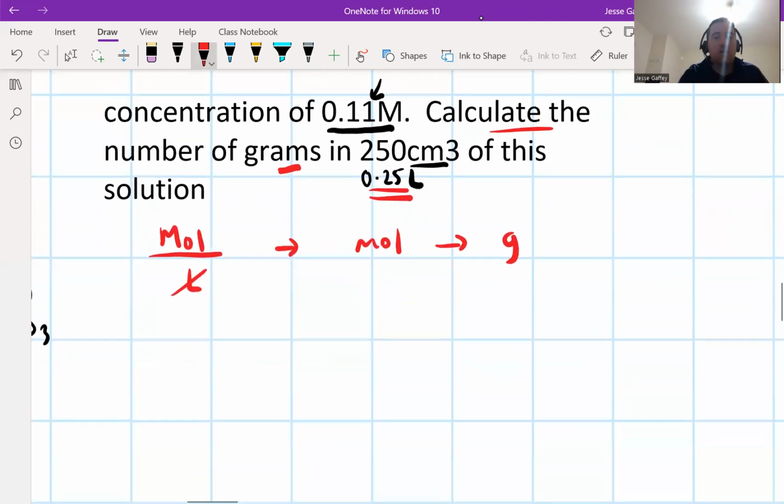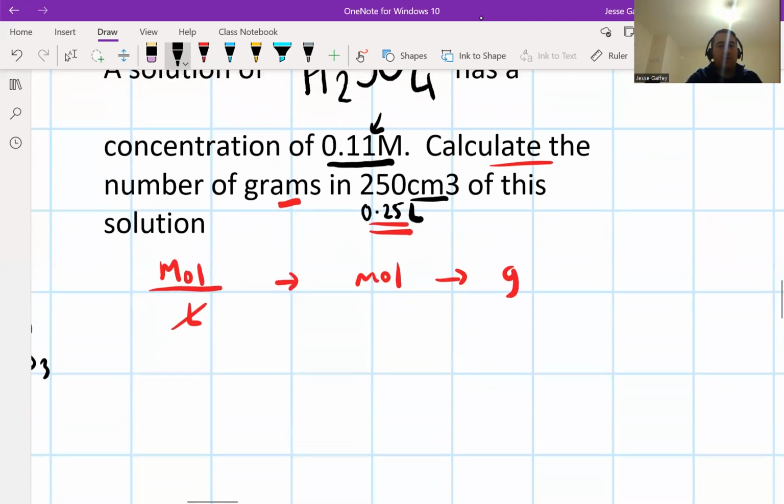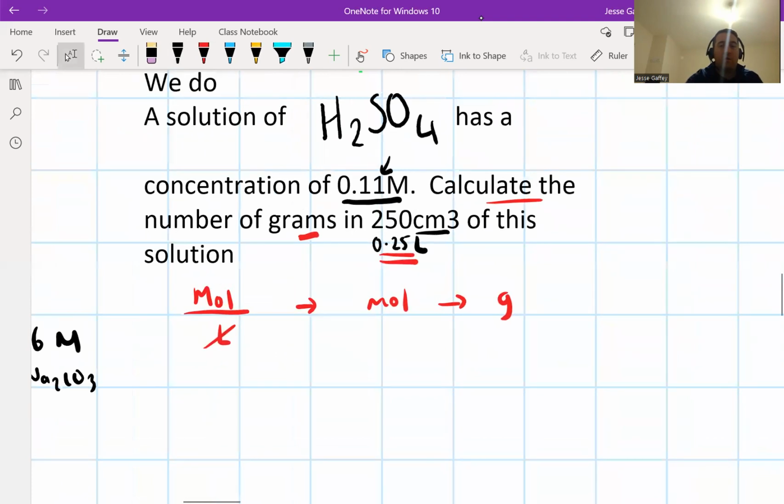All right, so let's go ahead and try to do this calculation. Now pause the video and have a go at this right now, please. H2SO4 is the substance. First of all, I am writing down 0.11 moles over liters of solution, moles per liter.